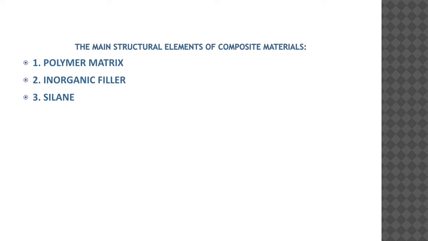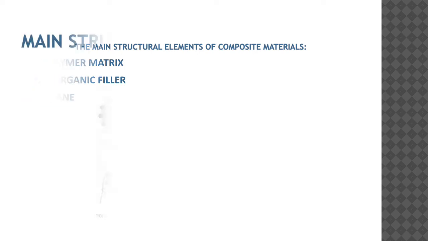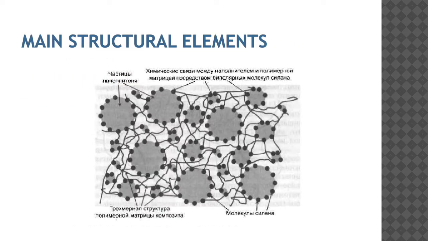The main structural elements of composite materials are polymer matrix, inorganic filler, and silane. On this slide, you can see the chemical structure of composite material.